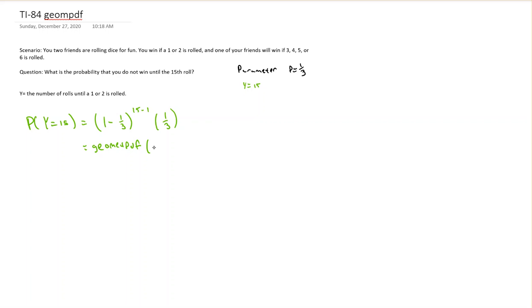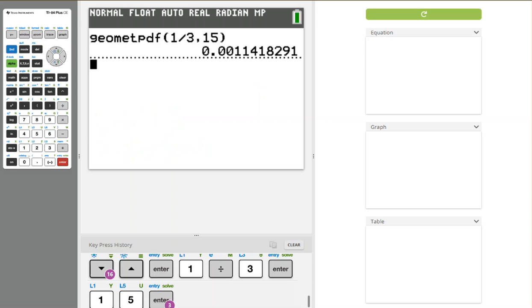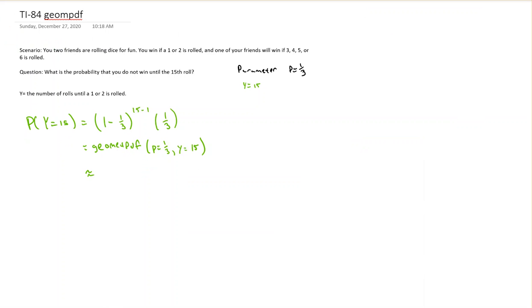Then I would need to specify that my parameter is 1/3 and that my Y value here was 15. So this is what I would need to write. And then I could write that this comes out to approximately 0.0011. And this is what would get me credit on the exam.